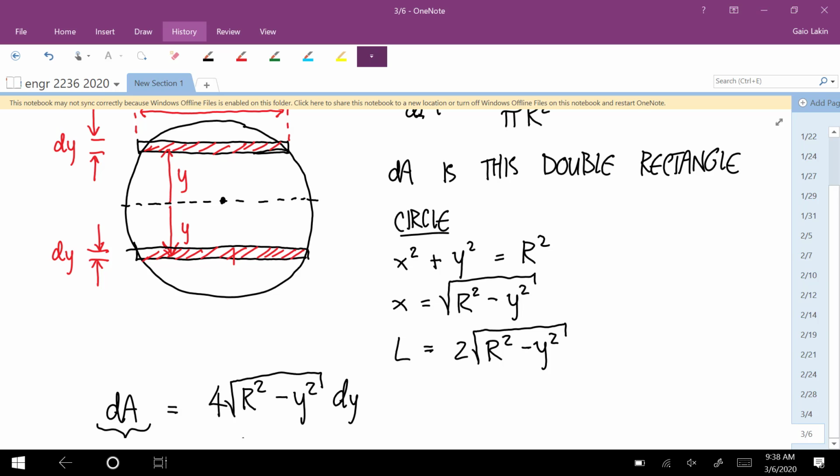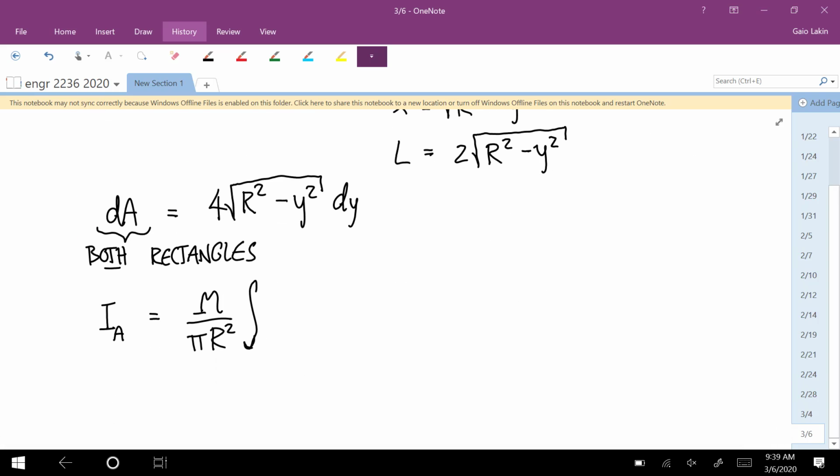The reason that I chose these 2 rectangles to represent our dA is because every point on these 2 rectangles is the same distance from the axis. Okay, so what's the distance from the axis of rotation to every point on those 2 rectangles? Y, yep.